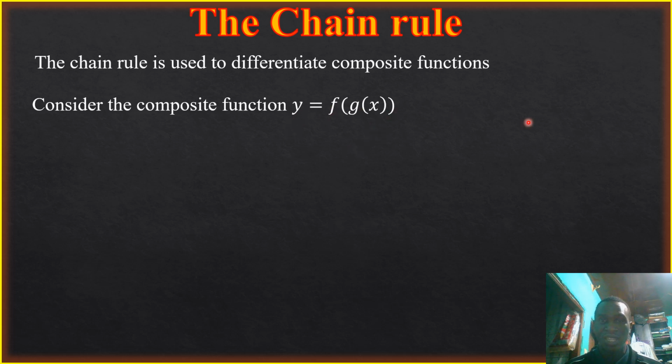To differentiate them, we'll use the chain rule, and the chain rule says that if we want to differentiate this function, we will differentiate the function normally, treating this g of x as if it was just a simple x. Take note of that, treating it as if it was just a single variable.